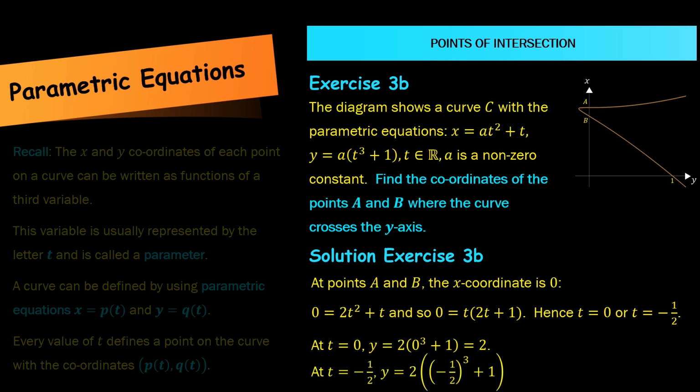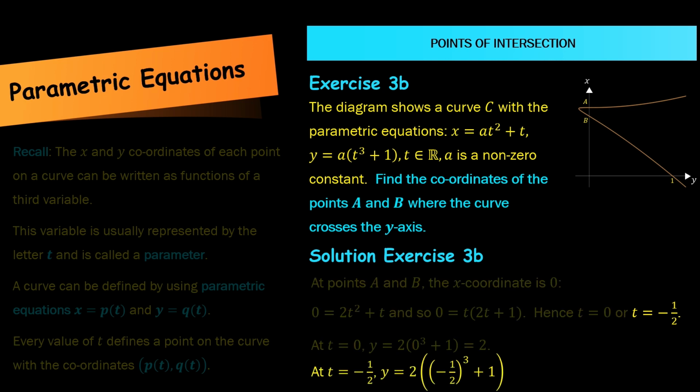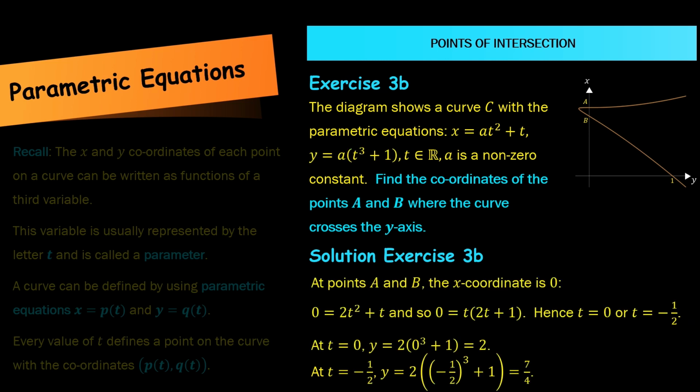At t equals minus a half, we can plug this in likewise into the equation for y to give us y equals 2 times minus a half cubed plus 1, which is equal to 3 over 4.